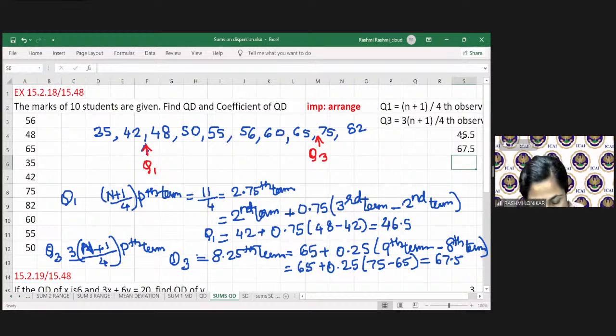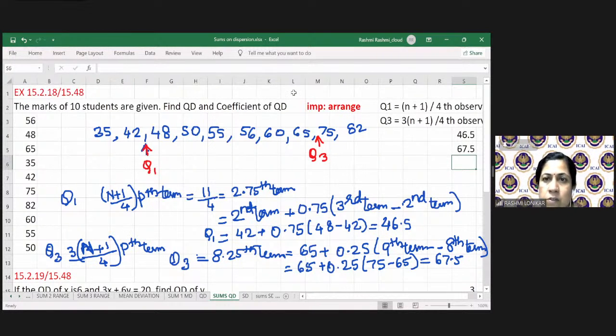Q1 is 46.5, very good. Yes, Rudrani, you have the answer. 10.5. Where did 10.5 come from? This is 0.75 into 6, 4.5 plus 42 is 46.5. Then I have 0.25 into 10 plus 65, 67.5.